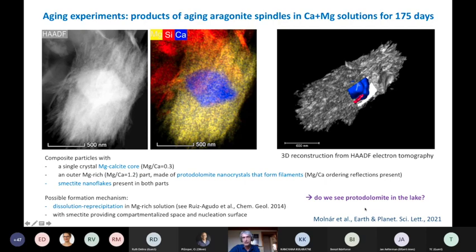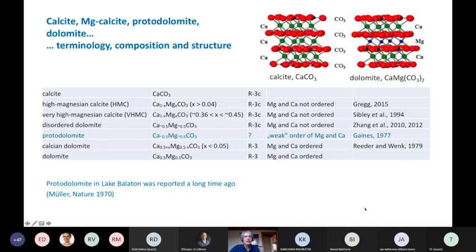The answer is yes, but before we go there, I'd like to explain what I mean by protodolomite, because it's not that easy. Everyone knows about calcite and dolomite. Difference is that in dolomite you have as much calcium as magnesium, and in alternating layers you have only calcium and only magnesium in an ordered fashion.